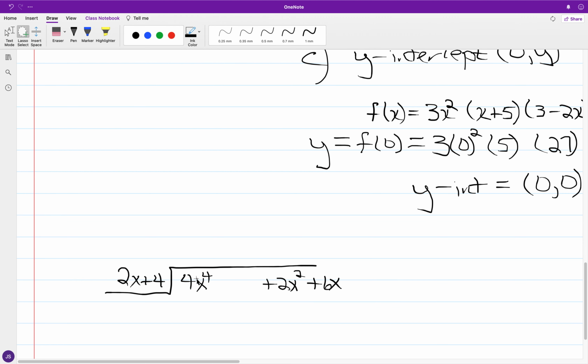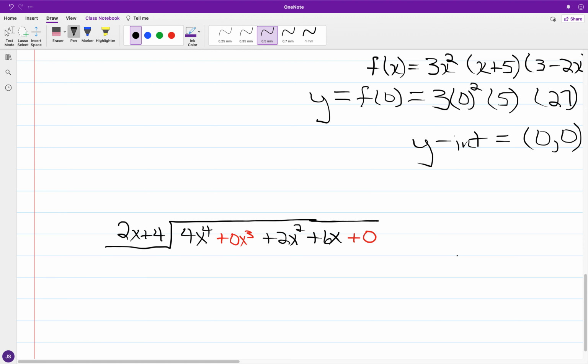Now for the polynomial dividend, notice we have a missing cubic term. So we need 0x cubed, so I have 4x to the 4th plus 0x cubed plus 2x squared plus 6x. And I want the dividend to close out with a constant. Since there's no standalone number present without the x attached, I'm going to use 0 for the placeholder once again.